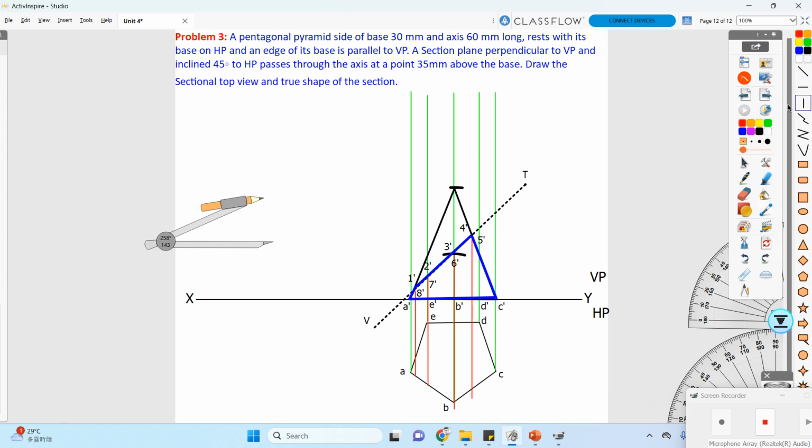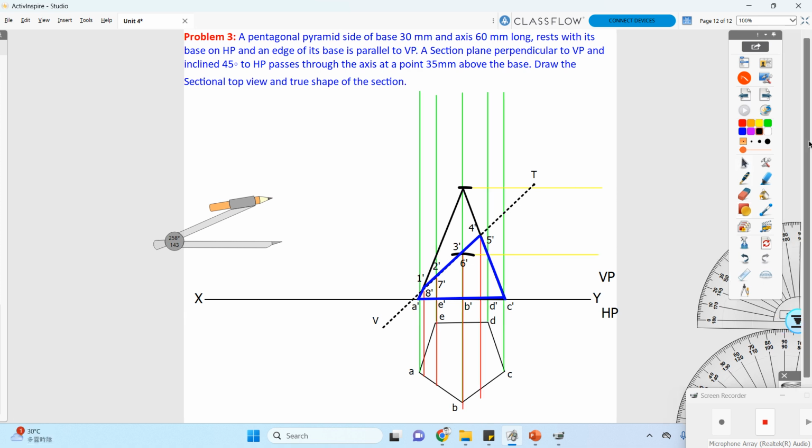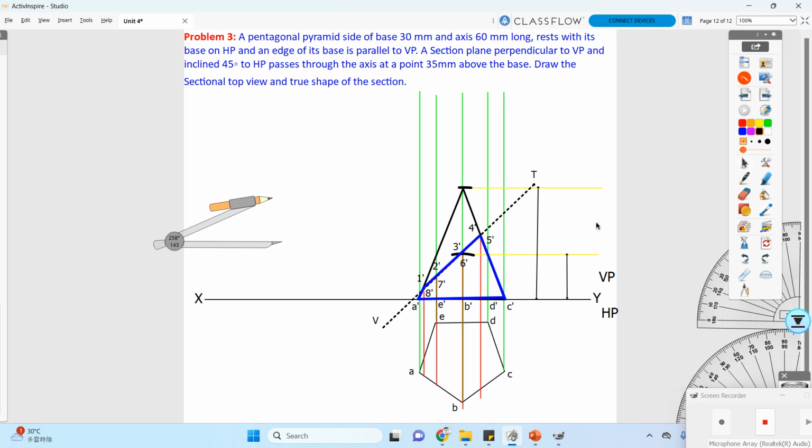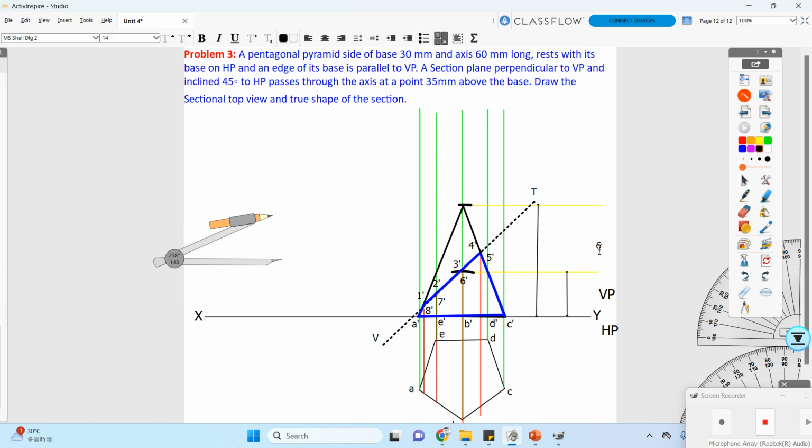So for that we can consider from this point, that is the top of your system, and from these two conditions we can mark our dimension. For marking the dimension from the top, what is the dimension of it, then from the cutting plane what is the dimension. The top is having 60, so 60 mm of dimension.